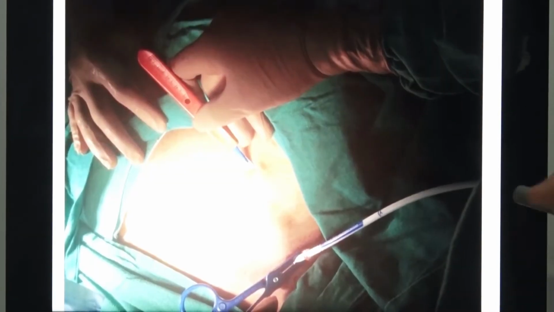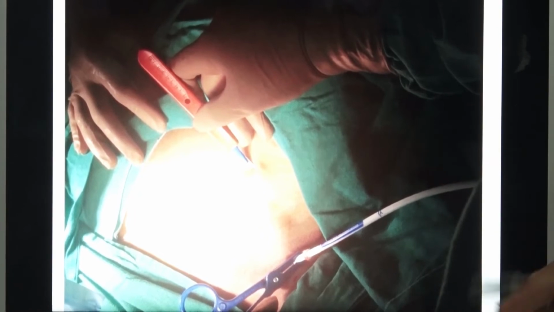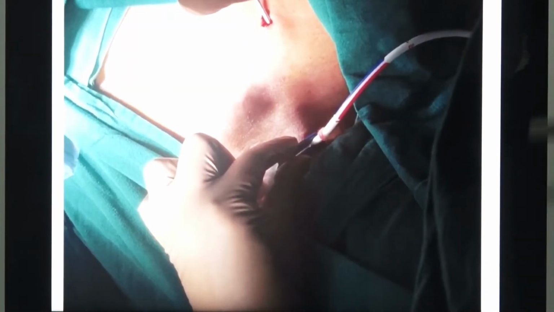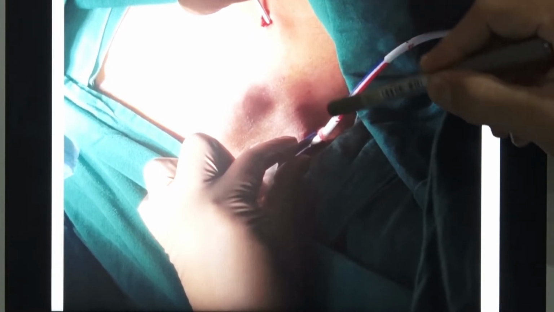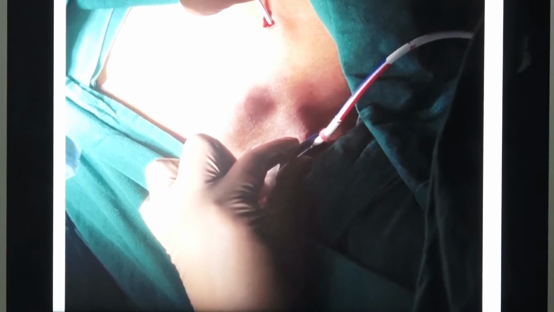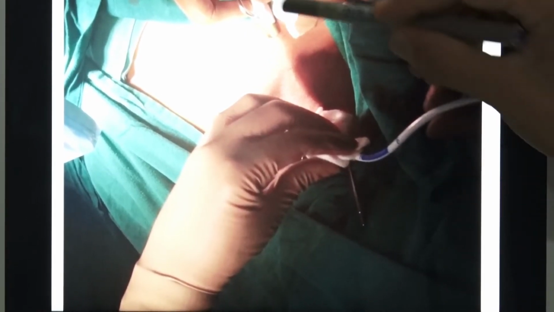Again, after infiltrating local anesthesia, a stab incision is done with the help of a blade, and then the tunneler is introduced over here, directed towards the venotomy site. Here we can see the tunneler coming out from the venotomy site.